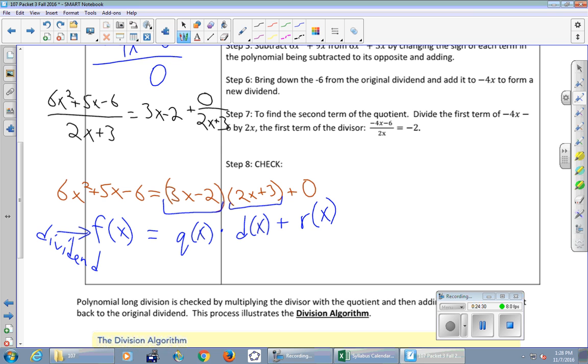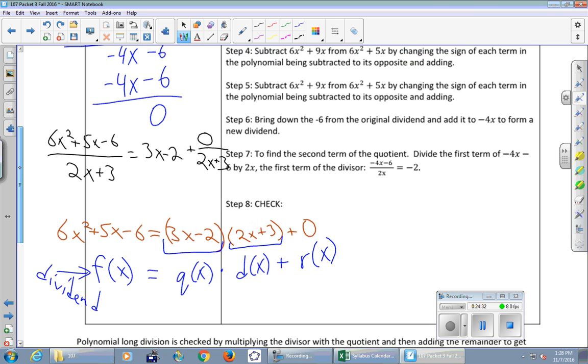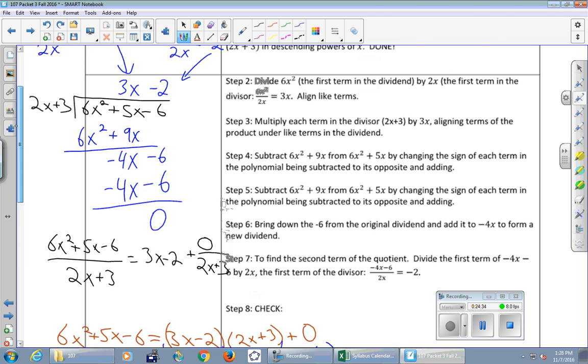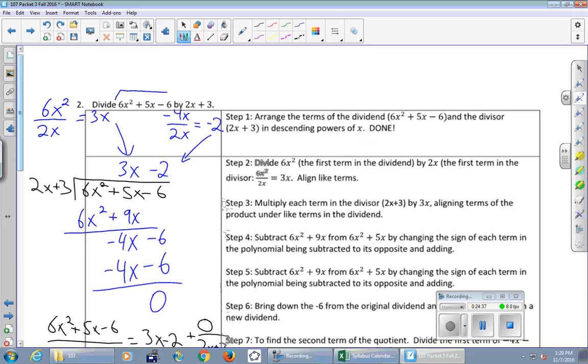So if you look at the original problem, this guy right here is the dividend. And this was the divisor. And we created 2 answers. We created the quotient, which was the thing on top, and then the remainder, which was the final piece.